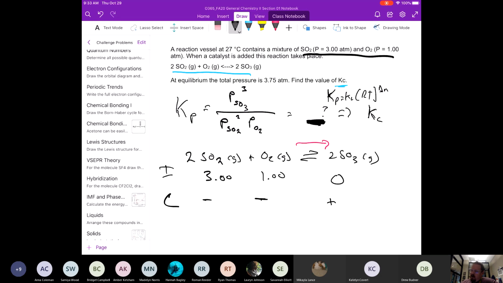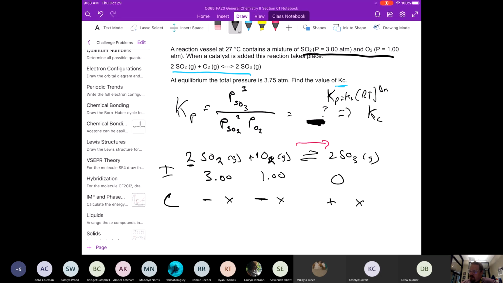If we make this amount x, we know that for every one of the oxygens that are lost, how many SO2s have to be lost? For every one of these, we need to lose 2 of those.